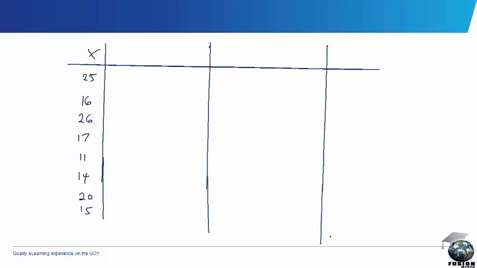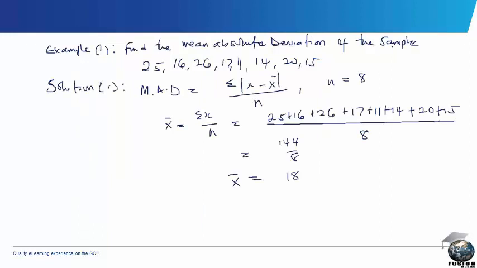On the next column we have the absolute value of x minus x bar, remembering that x bar is equal to 18.